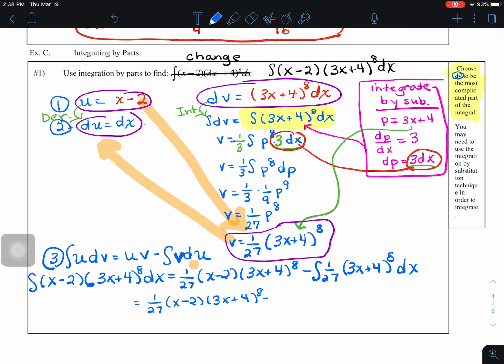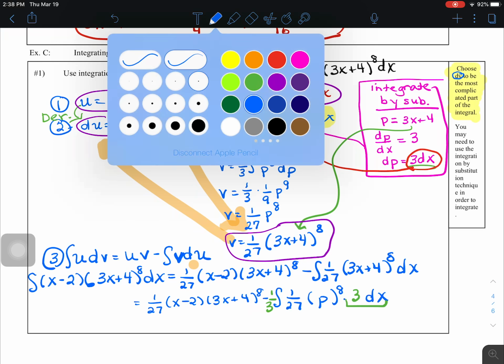So we're going to look back up in that pink box here. I'm going to swap out the 3x plus 4 for a p, and then I'm going to insert a 3 here, which means I need to insert a 1/3 out in front. That's so that this can all be swapped out for a dp.